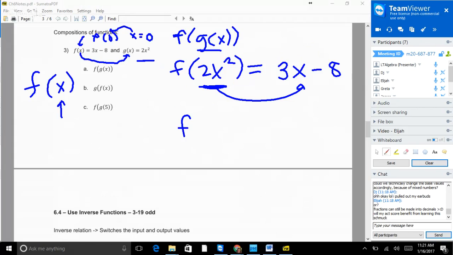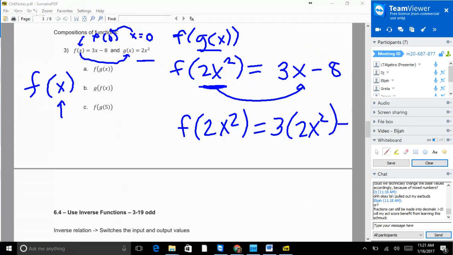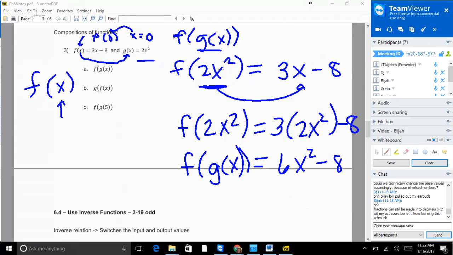So f of 2x squared equals 3 times 2x squared minus 8. 3 times 2x squared is 6x squared minus 8. So f of g of x is 6x squared minus 8.